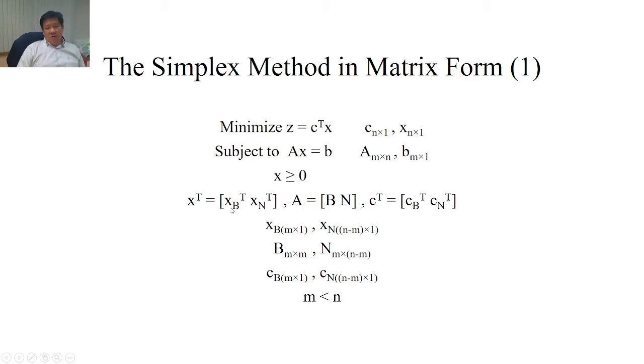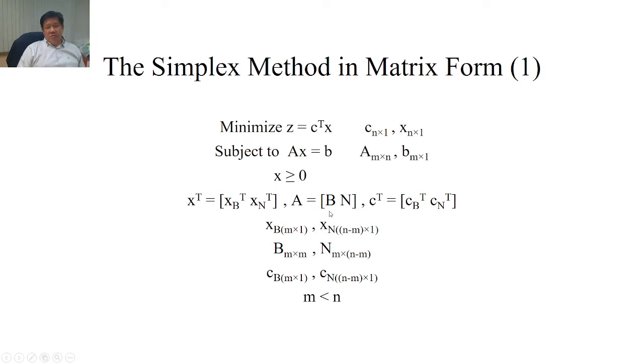Once you separate into subvectors or submatrices, with the condition m less than n, x sub B has the size equal to the number of constraints of Ax equal to b, which is m by 1. Therefore, the dimension for x sub N is n minus m by 1.